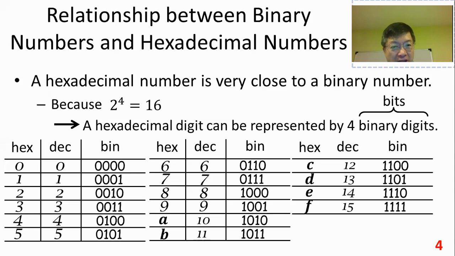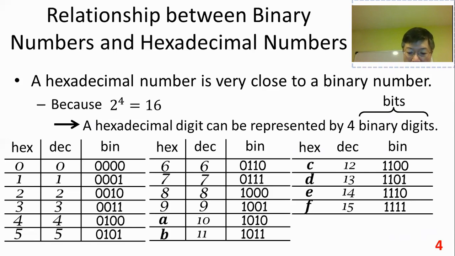When I asked you to do the calculation, many students felt not quite familiar with this kind of conversion. So now, after this table, I feel you can see much better.